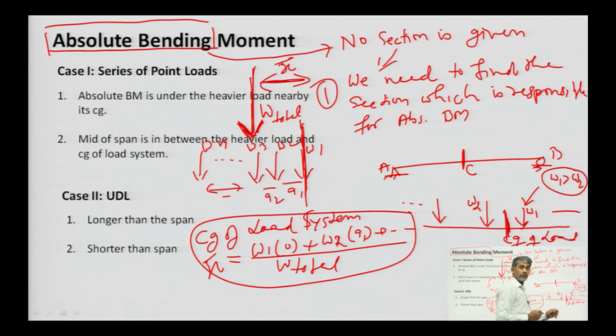If W1 is more than W2 and load W1 is comparatively nearer as compared to W2, then the midpoint of the beam, to find the absolute bending moment, should occupy a position in between that.